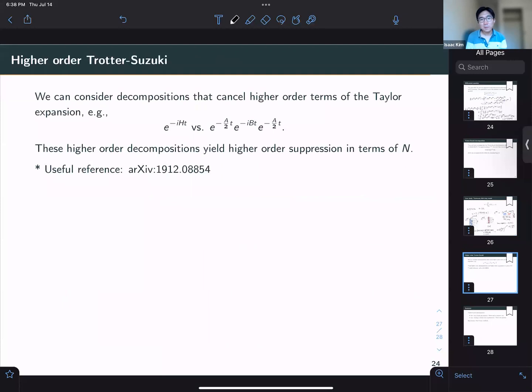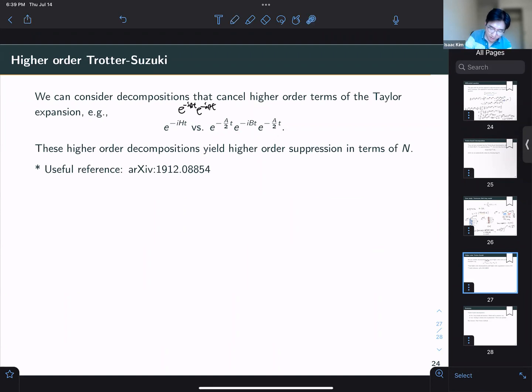I should note that I'm not going to go into the details, but there are, of course, higher order Trotter-Suzuki decompositions. So instead of doing things like e to the minus iAt, e to the minus iBt, you can consider this other decomposition.